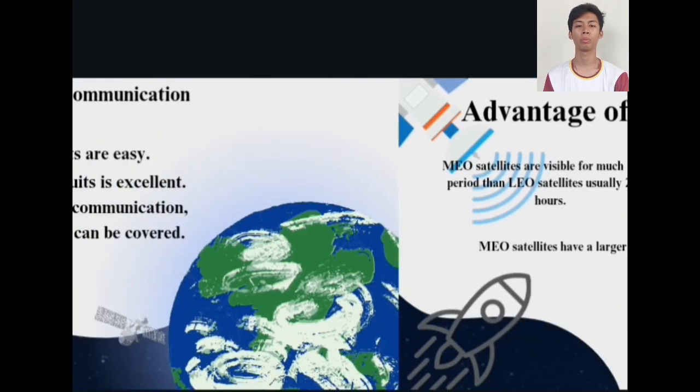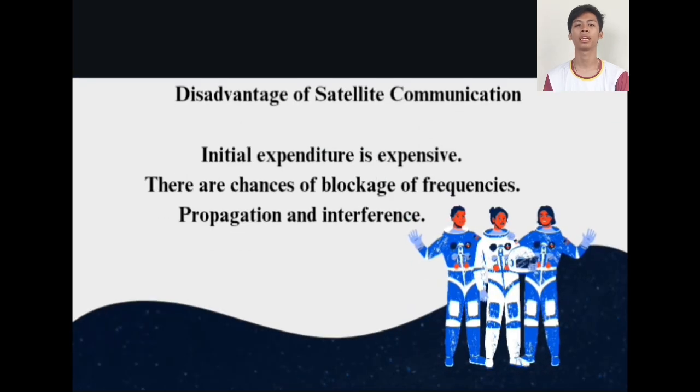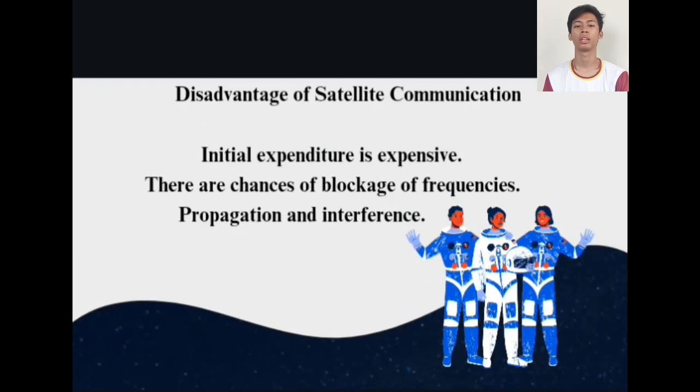Advantages of satellite communication: installation of a circuit is easy. Then, the elasticity of a circuit is excellent. Then, with the help of satellite communication, every corner of the Earth can be covered. Disadvantages of satellite communication: initial expenditure is expensive.